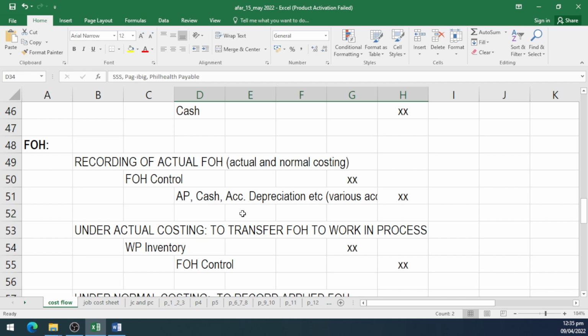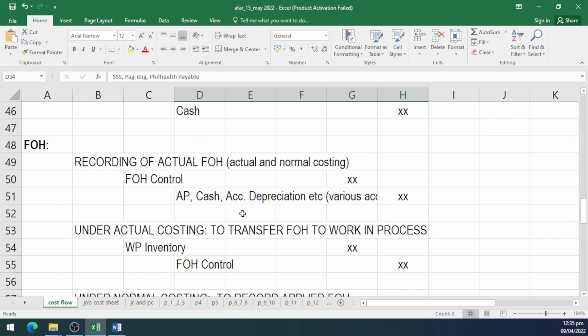Ang factory overhead, indirect, because this is not conveniently traceable sa ating output or sa finished product. Nonetheless, according to pass number 2, this factory overhead is a product cost because this is a necessary element of manufacturing.